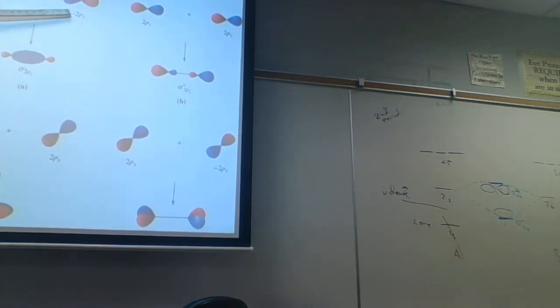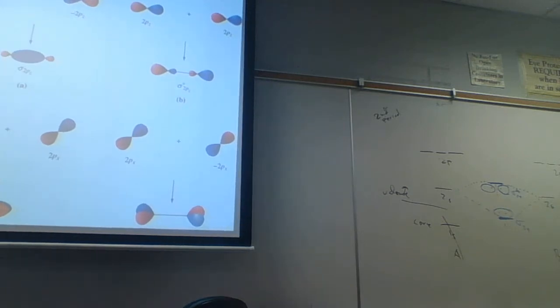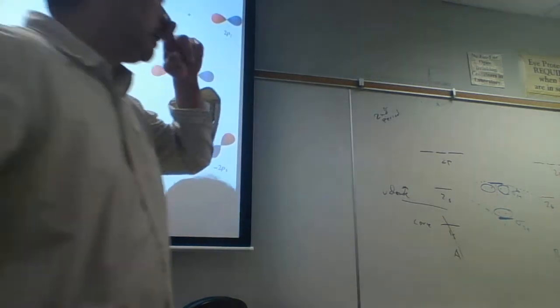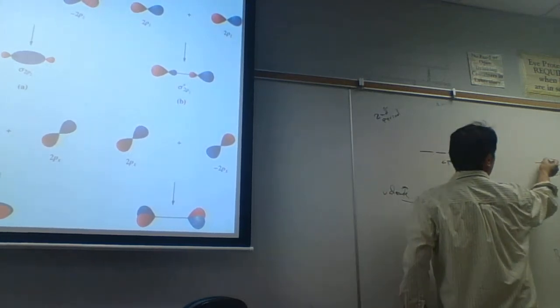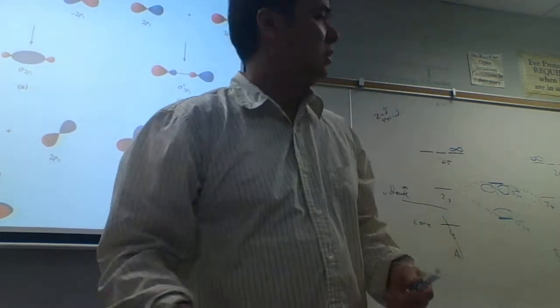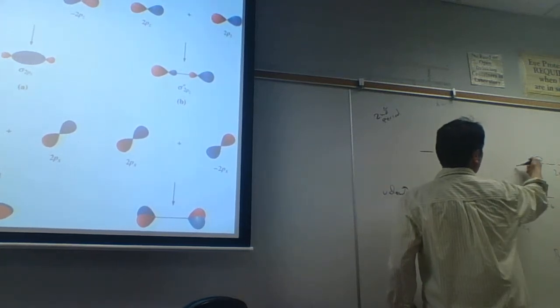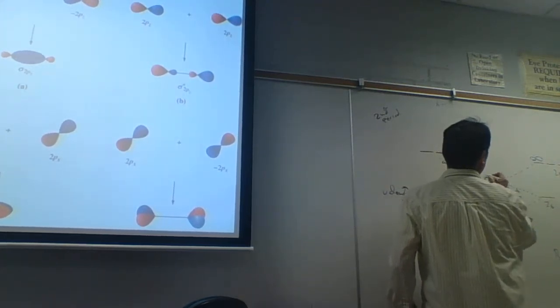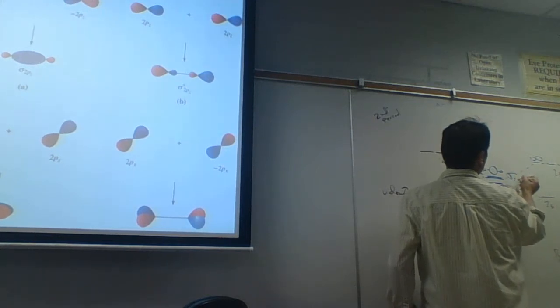We take this blue lobe on atom A and this blue lobe on atom B, and we get this constructive interaction. Do you see the constructive here? Normally I like to call this a px, but we'll call it px here. When we do that, these two lobes add to each other, and these two lobes shrink. So this is a sigma 2p here.